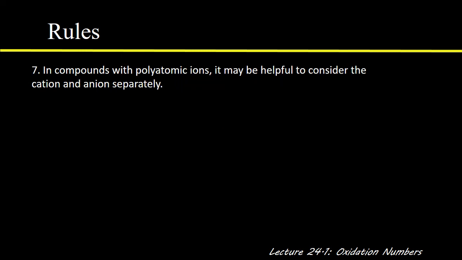All right, and then the last rule. This isn't something you always have to do, but sometimes if you have a complex molecule, if you've got an ionic compound with both a cation and an anion, it's sometimes helpful to consider those two separately. So if we had something like potassium chromate, then we've got two ways to solve this.